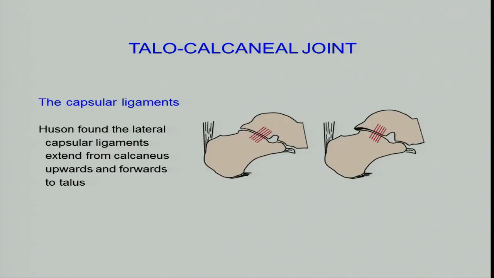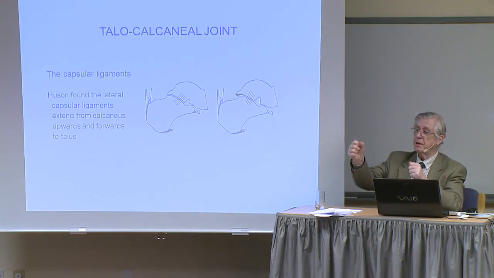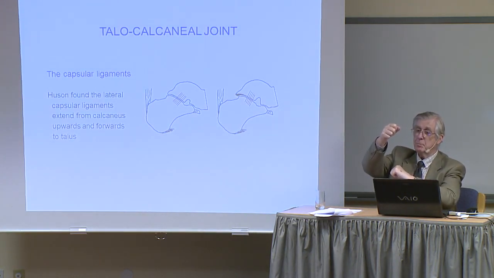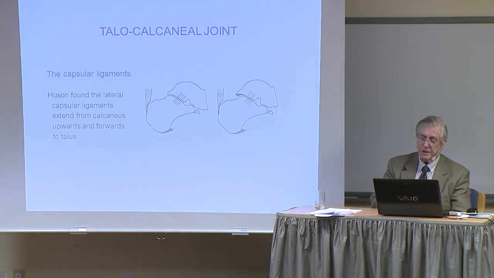And the talo-calcaneal joint, the peripheral ligaments, I stress that, remain tight throughout the range of movement because the talus goes upwards as the ends of the ligament come near each other in the horizontal plane. They actually move apart in the vertical.